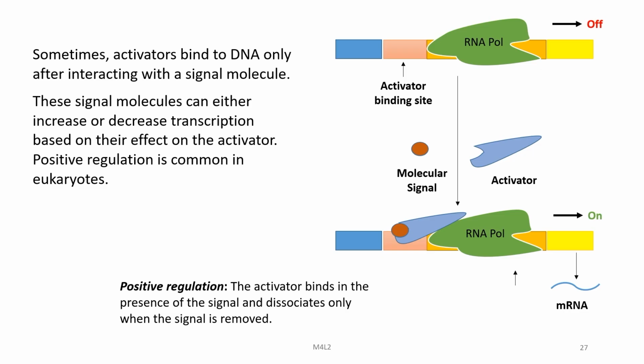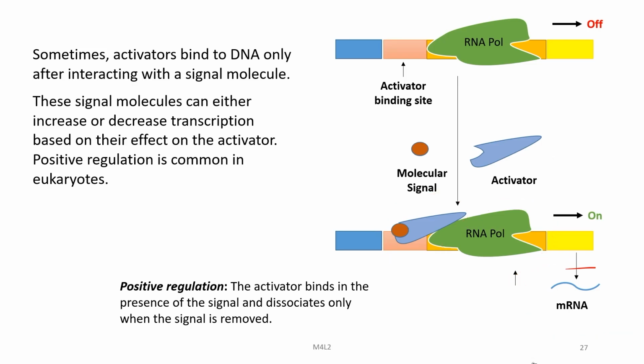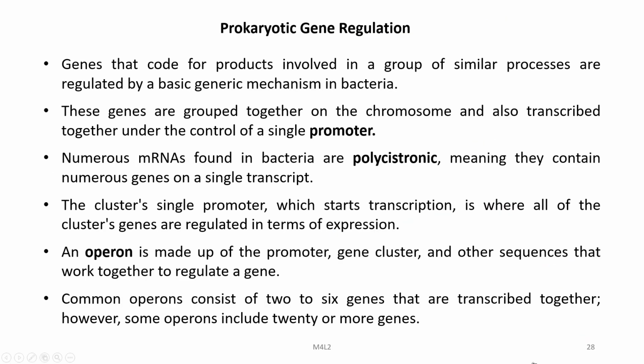These signal molecules can either increase or decrease transcription based on their effect on the activator. This positive regulation is common in eukaryotes, and you can see here, due to the binding of this molecular signal to the activator, which together binds to the RNA polymerase, the process is switched on.